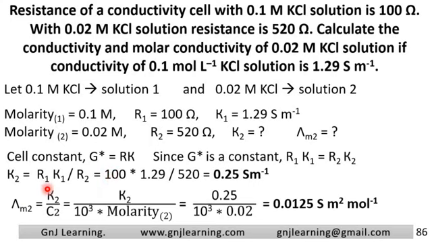Lambda m2 is equal to K2 by C2, second solution with its molar concentration. But the concentration provided is in molarity, so I have to use this equation: K2 divided by 1000 into molarity, which is 0.025 into 10 raised to 2 into its molarity, that is 0.02, and I got the value like this. So the problem is solved.